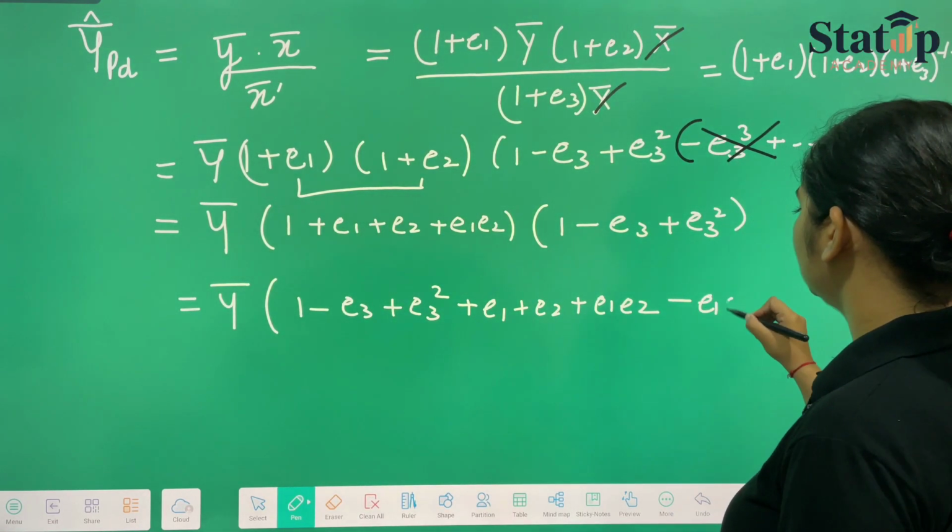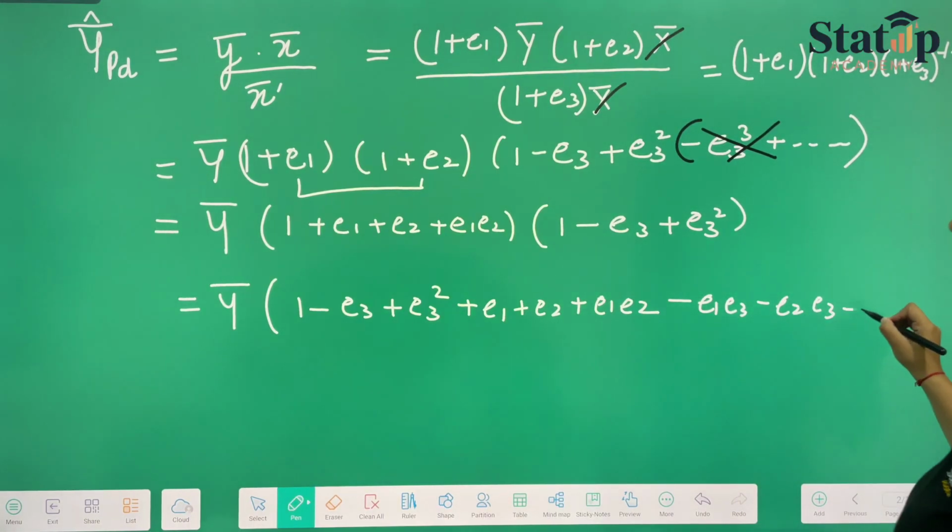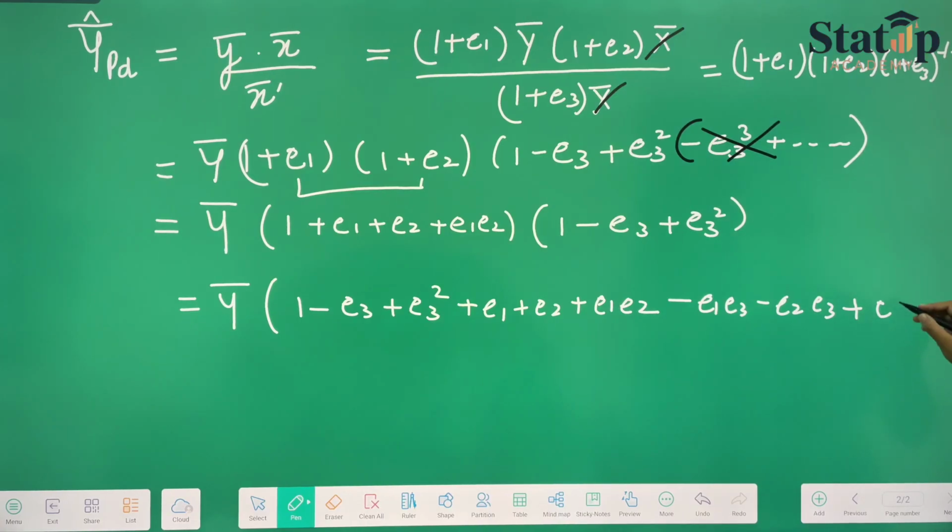minus E1 E3 minus E2 E3 plus E1 E3 square plus E2 E3 square minus E1 E2 E3 plus E1 E2 E3 square.